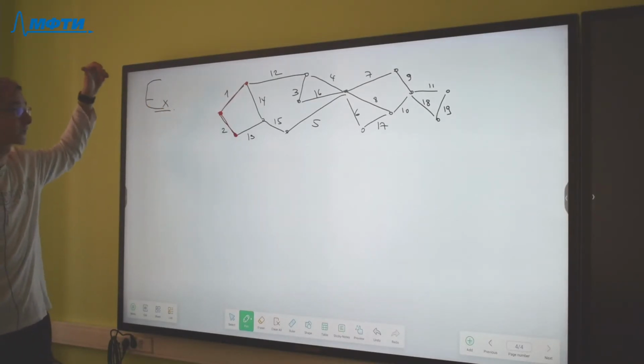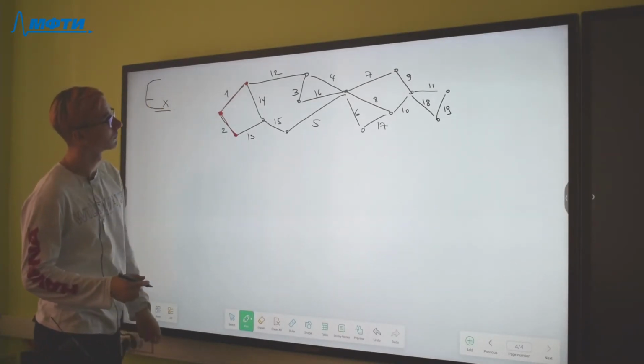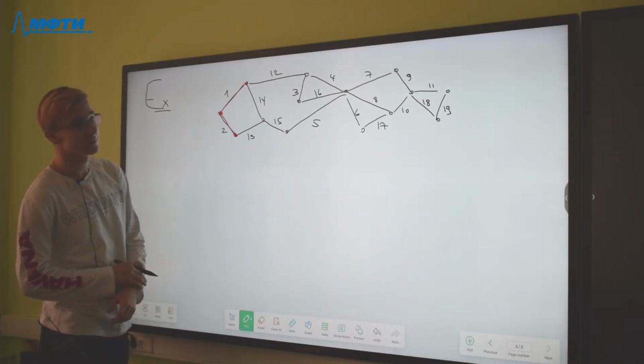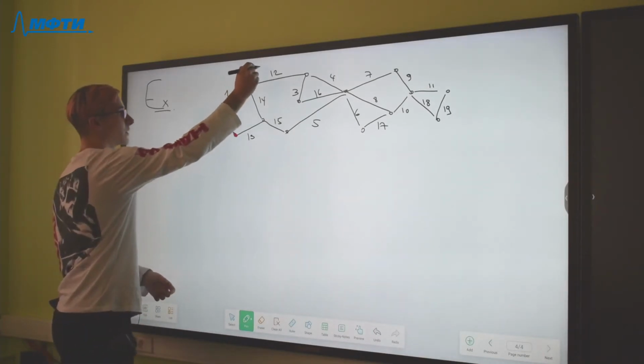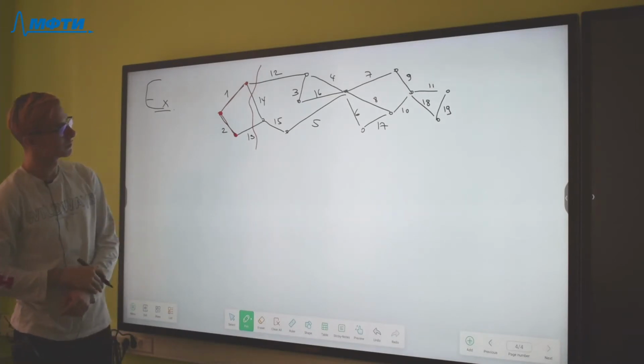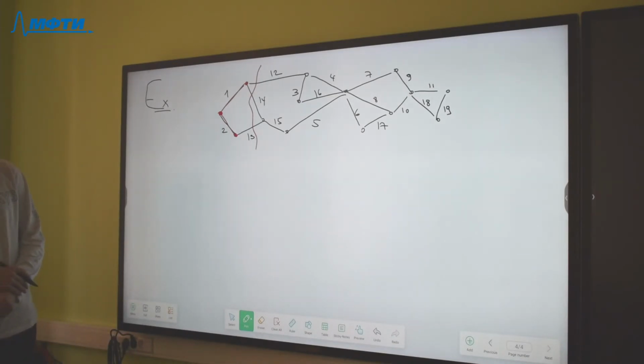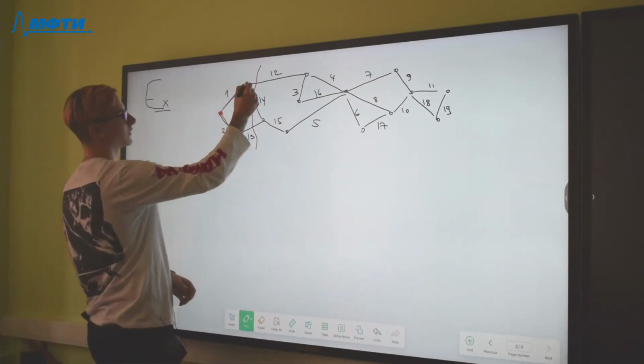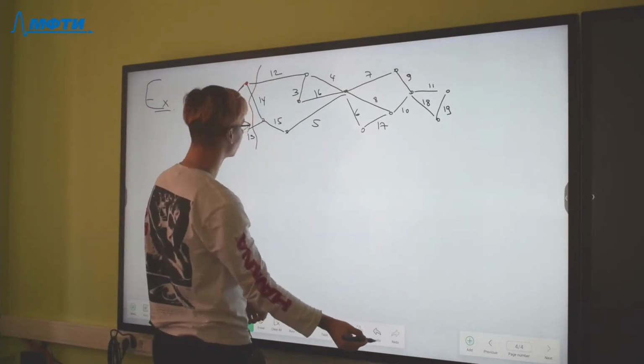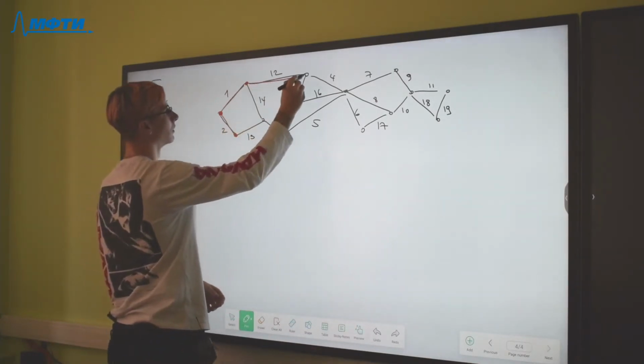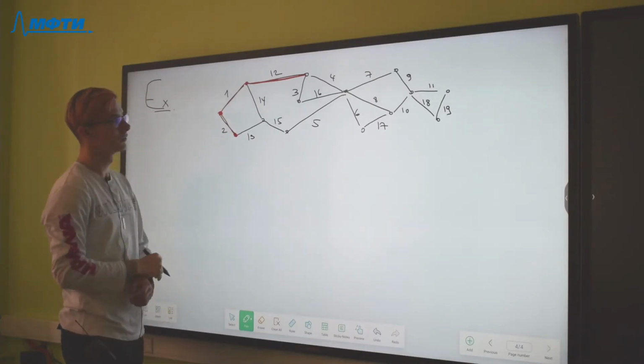Then I repeat these statements. I say that it is another cut and that this edge must be in the tree, and repeat it.